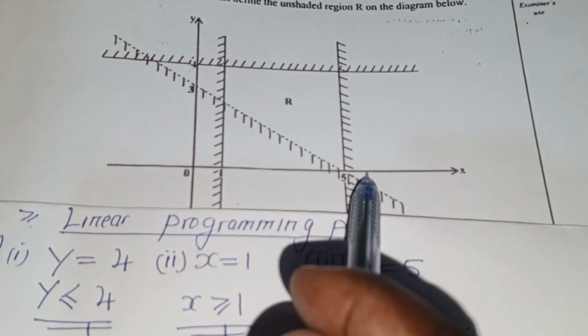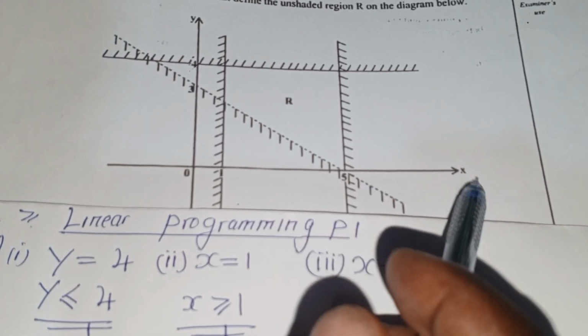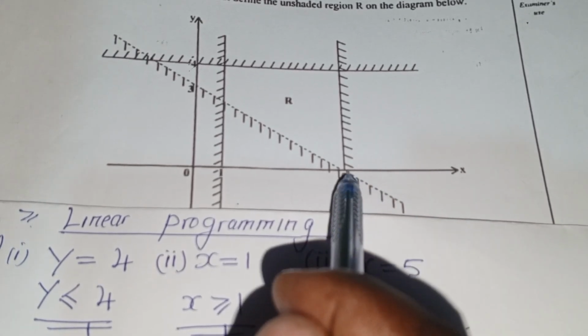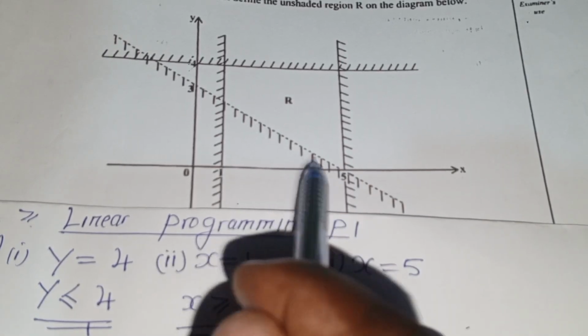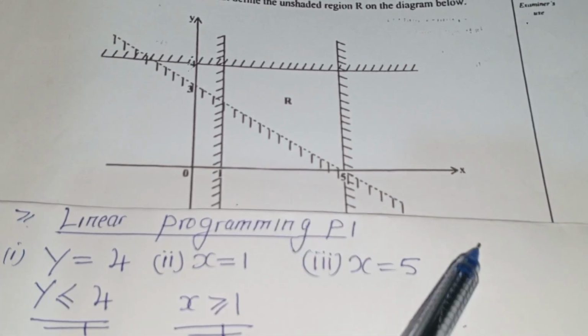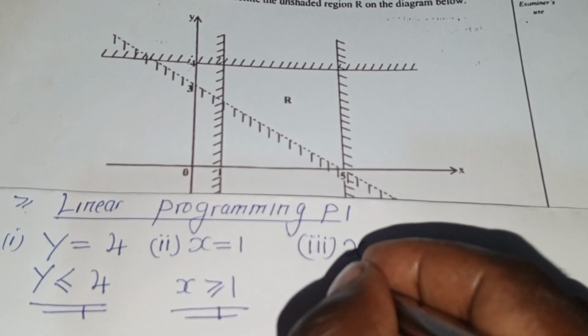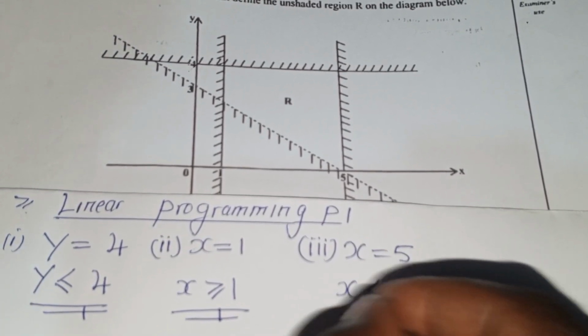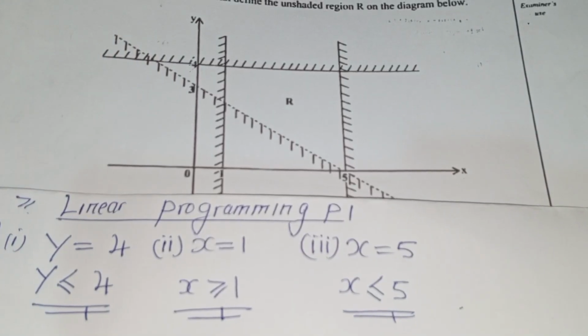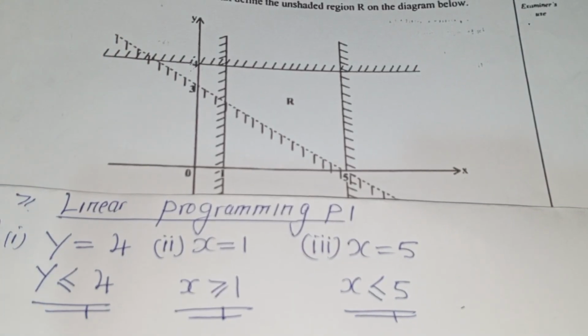Of course, if we had numbers here, we could have increased by 6, 7, and so on. Since the numbers are reducing here, the region that is not shaded is less. So we are just going to say x is less than or equal to 5. Why am I using less than or equal? Because this is a solid line.